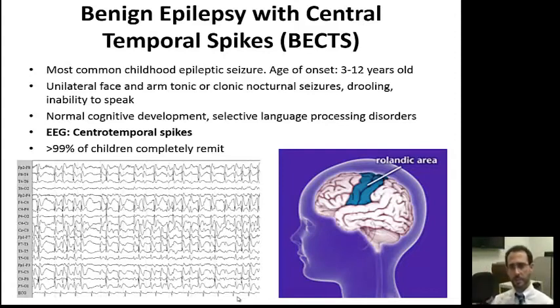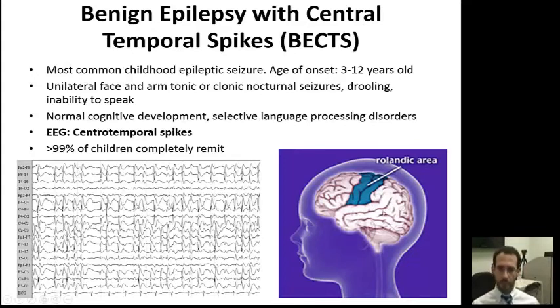Age of onset is 3 to 12 years old. It typically affects the unilateral face and arm as tonic or clonic nocturnal seizures. They can have drooling and inability to speak. They're also called Rolandic seizures. Why? Because they come from the central sulcus, or the Rolandic area, basically.